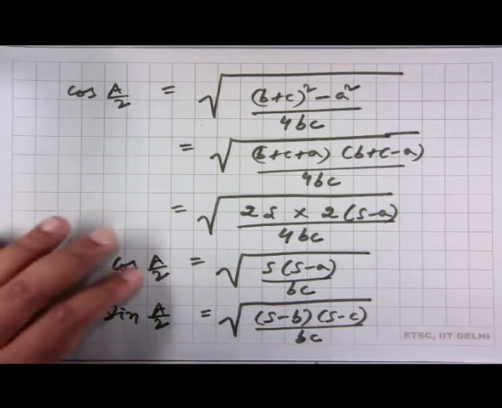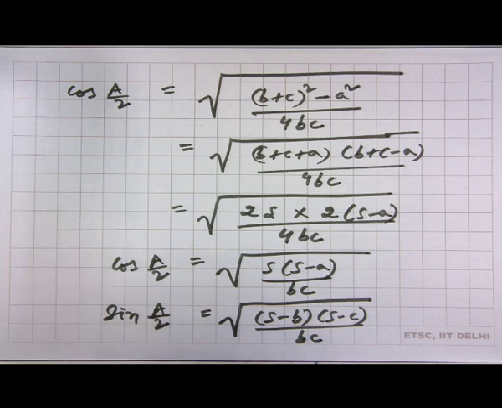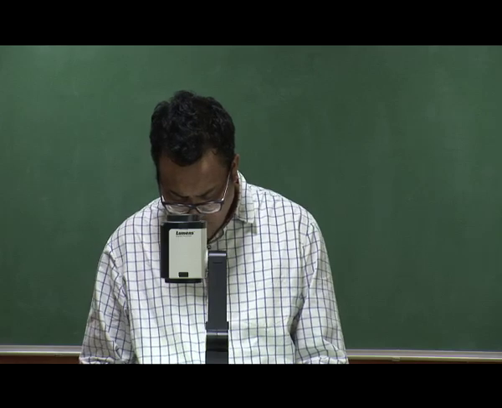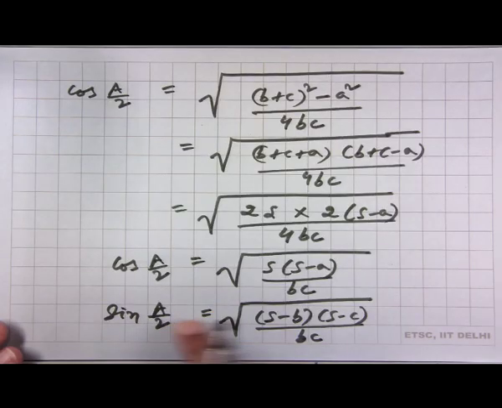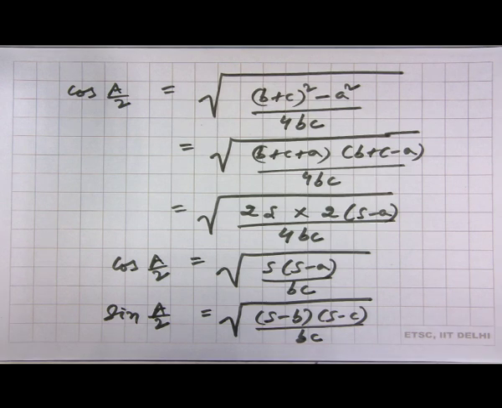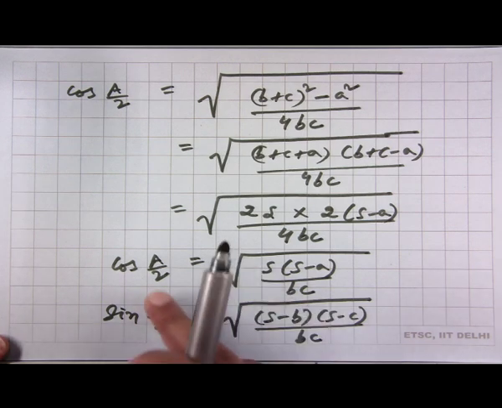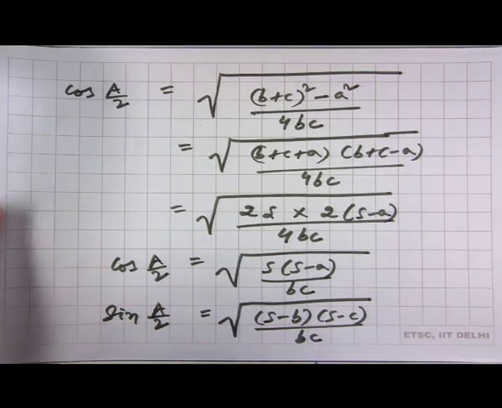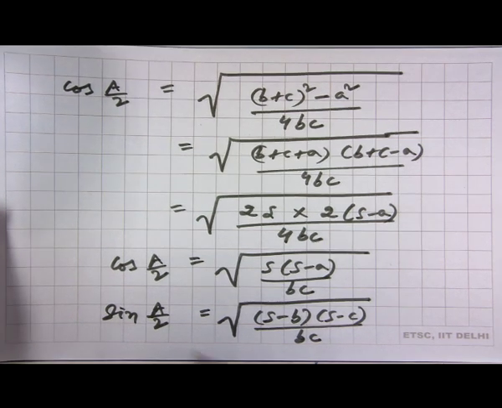Similar formulas for the half angles are also true for the angles B and C. First of all, we observe that here we have a formula which, if we are given the lengths of the sides of the triangle, lets us exactly find the sine and cosine of the half angle of all the 3 angles.